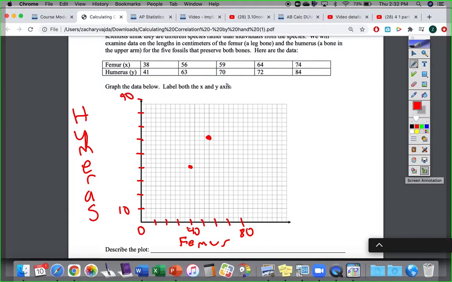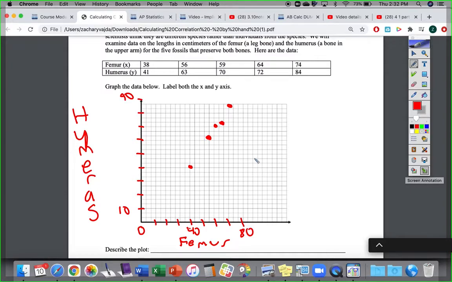Then I have 59 and 70, 40, 50, 59, goes with 70. Then I have 64, 72. And then lastly, 74, 84. All right, so we have a scatter plot with our 5 points on it.